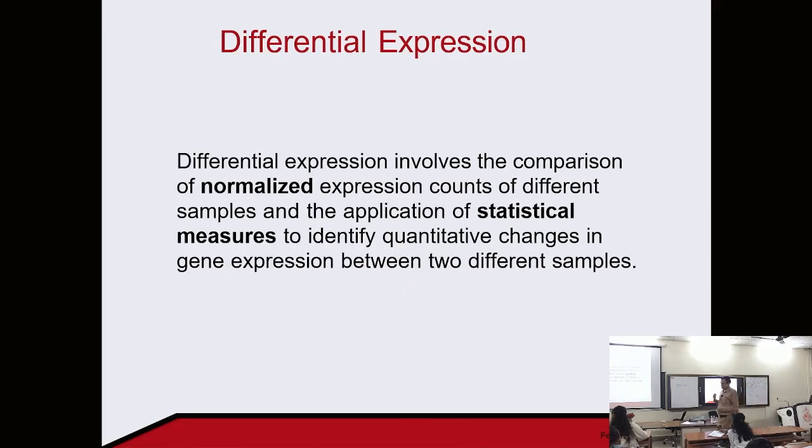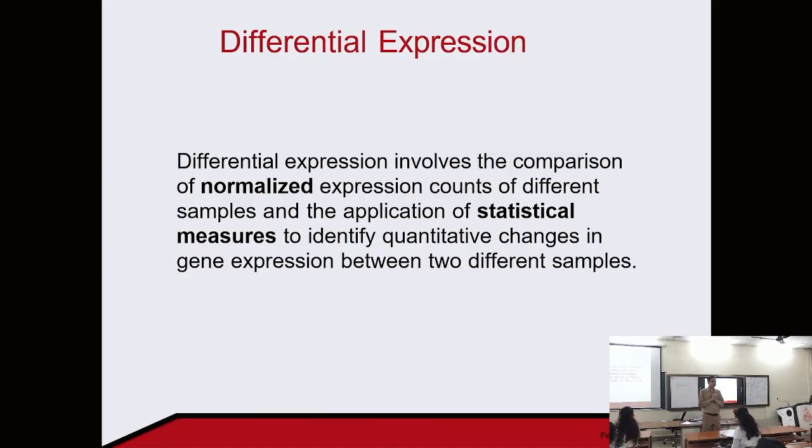Just to understand that you have to normalize, otherwise your comparison will not be fair. You only want to know whether a gene is differentially expressing or not, so you must control for other factors that could be contributing to the difference in the gene expression. There are two main contributors to the bias: one is the transcript length and the other is sequencing depth.